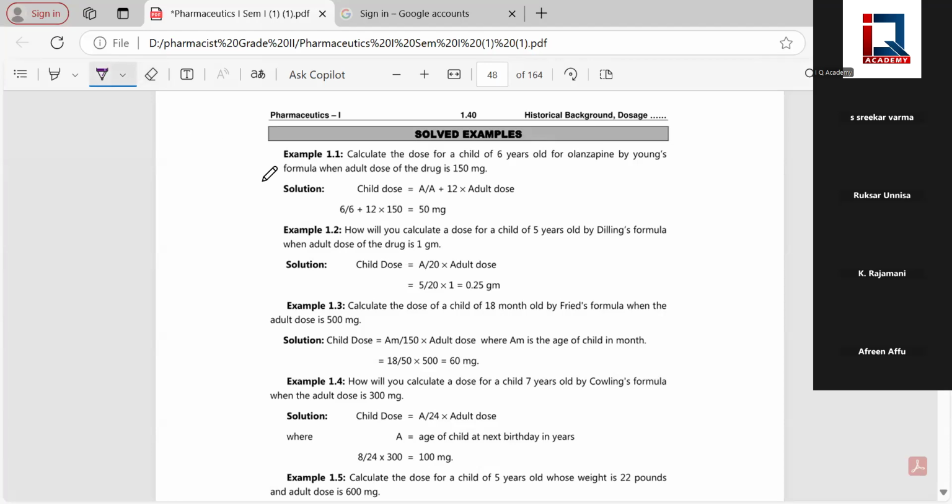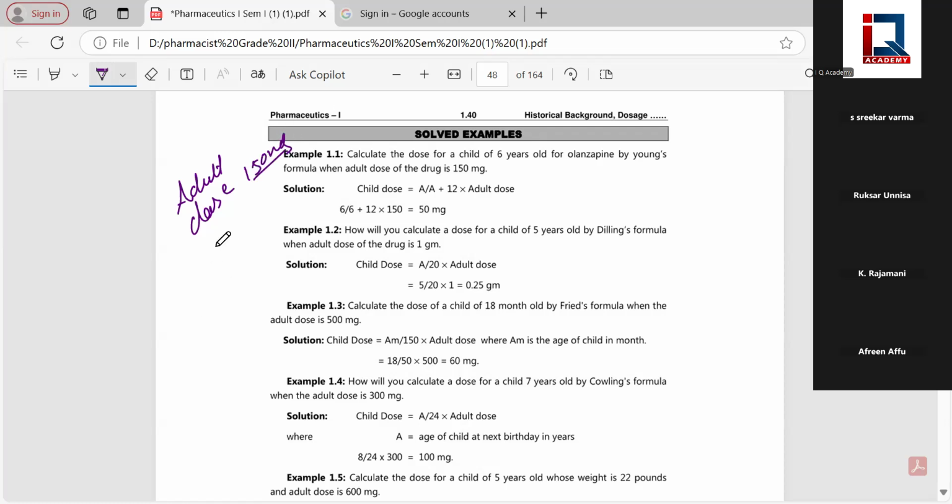Calculate the dose of the child of 6 years old for a drug given here, olanzapine, by Young's formula when the adult dose of the drug is 150. So the adult dose is given, 150 mg.